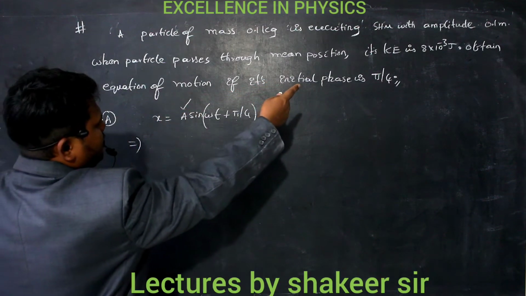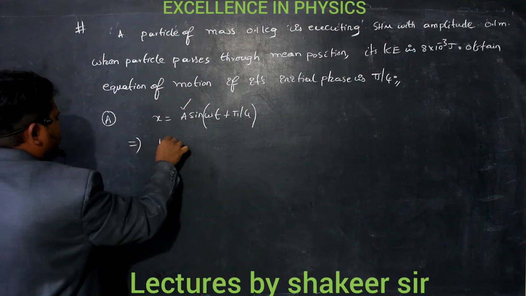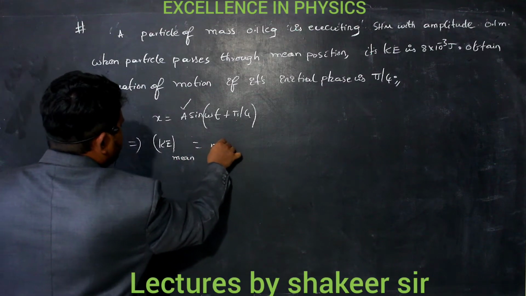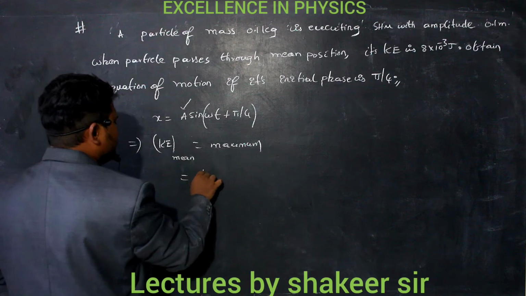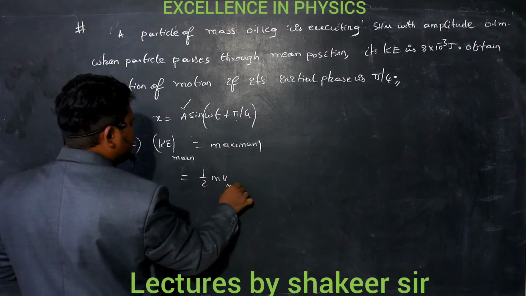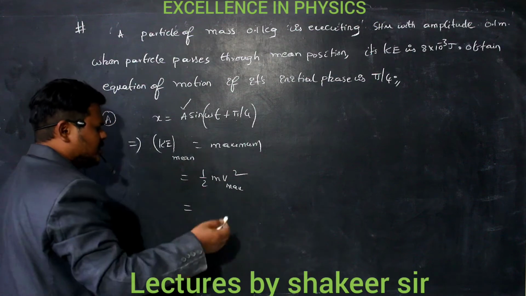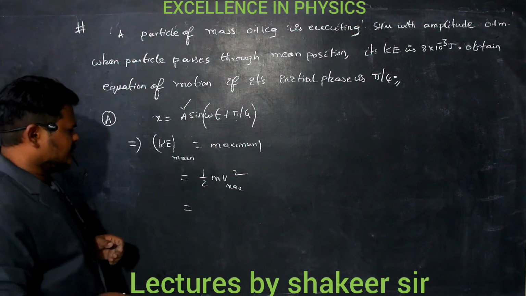So how can I calculate the ω value? Let us see if I can find it with the help of the kinetic energy at the mean position. Kinetic energy at the mean position, we know, will be maximum. So it can be written as half m V max whole square, and V max we know is A into ω. So maximum velocity is Aω. This we have already studied.